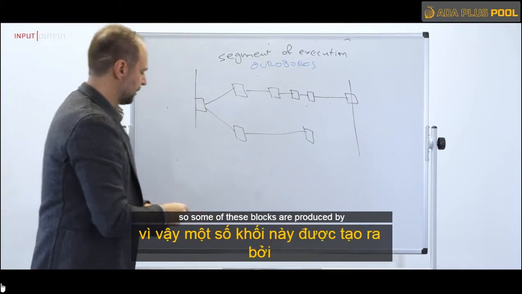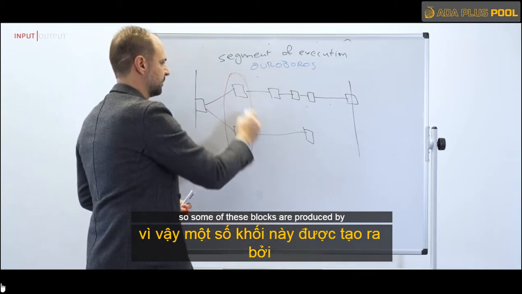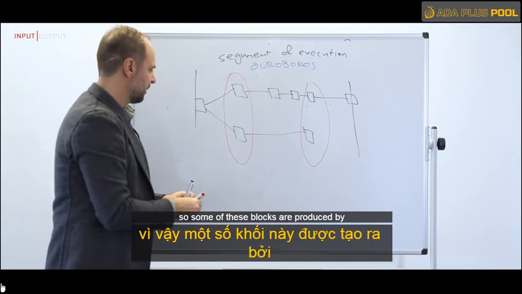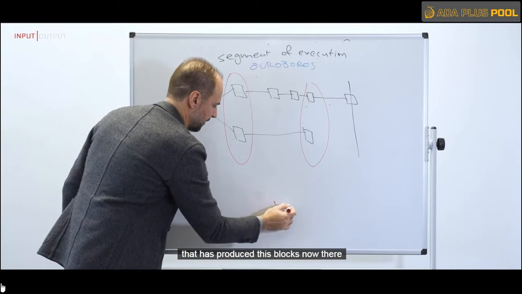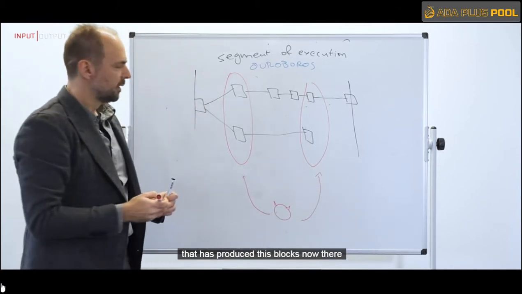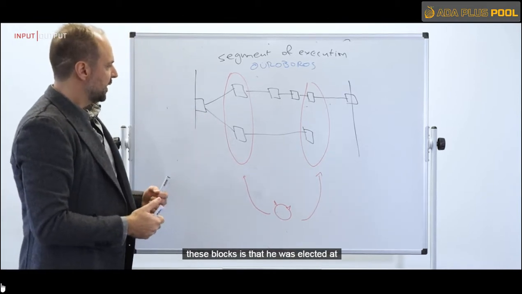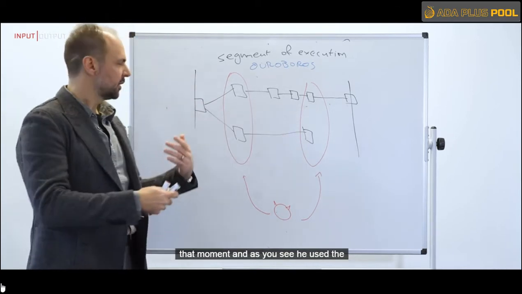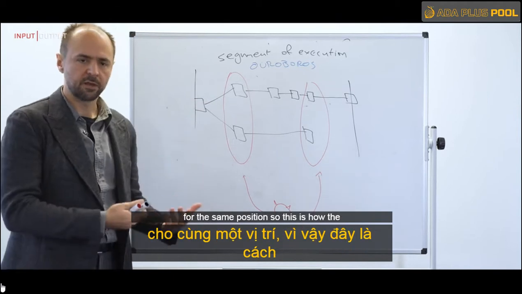Some of these blocks are produced by the adversary. Here is the adversary that has produced these blocks. The reason the adversary is in control of these blocks is that he was elected at that moment, and as you see, he used the liberty he has to issue multiple blocks for the same position.